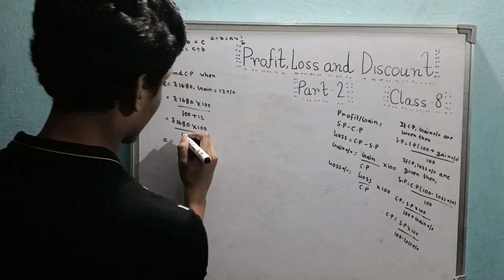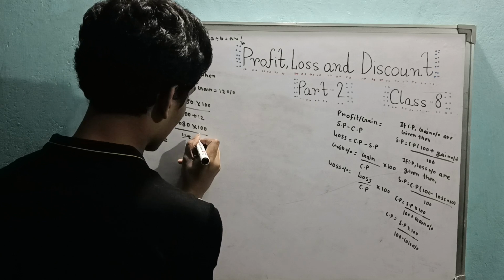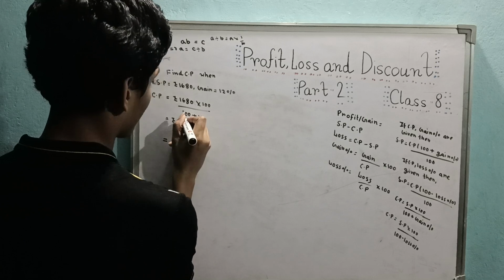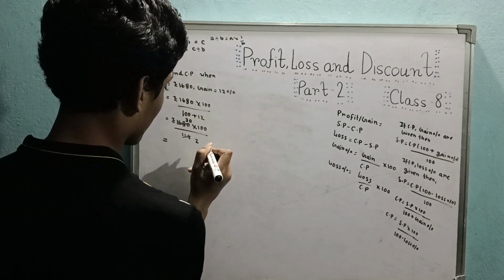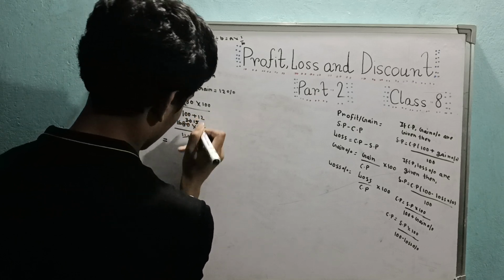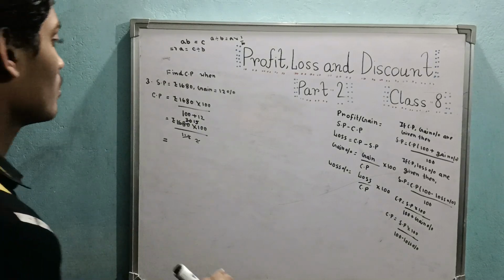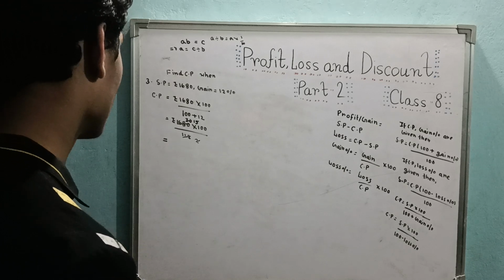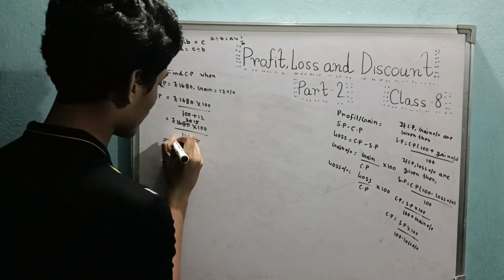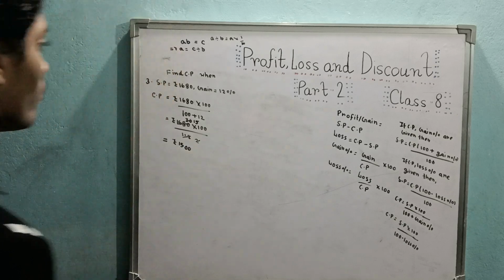Let's do it. So calculating, 112 divided by 56 is 2, then 1680 by 56 is 30. Now again to 15. Wait guys, I'm just calculating one thing. Okay, 15 into 100, rupees 1500. That's the answer.